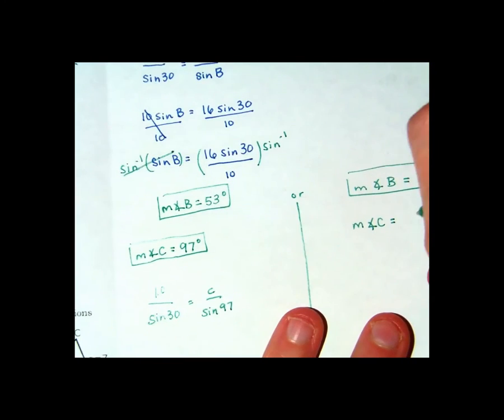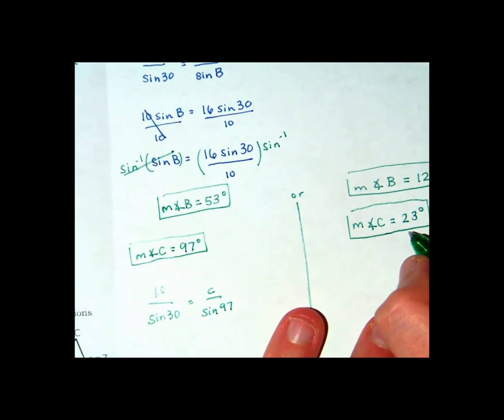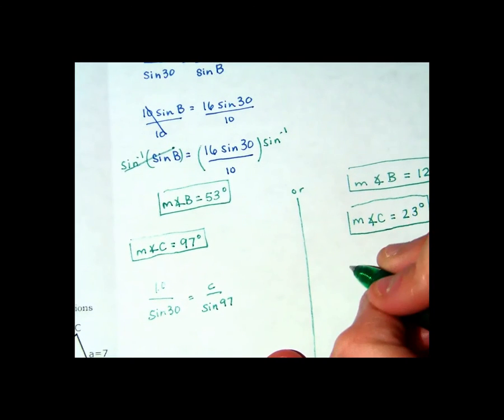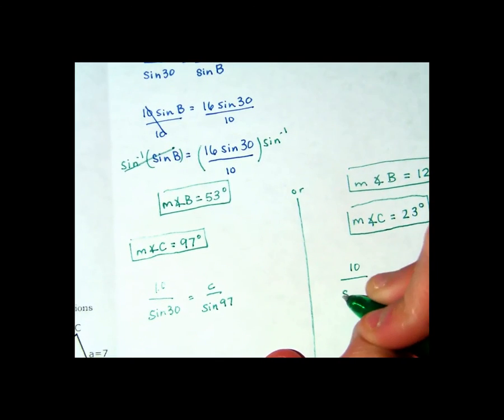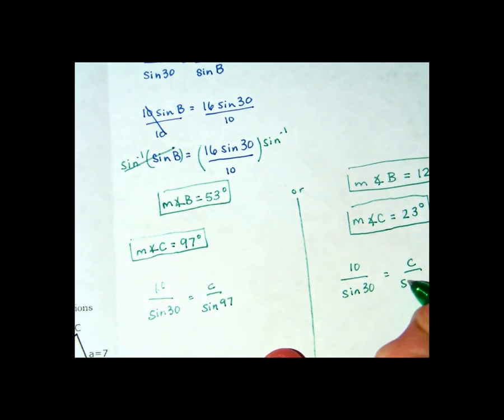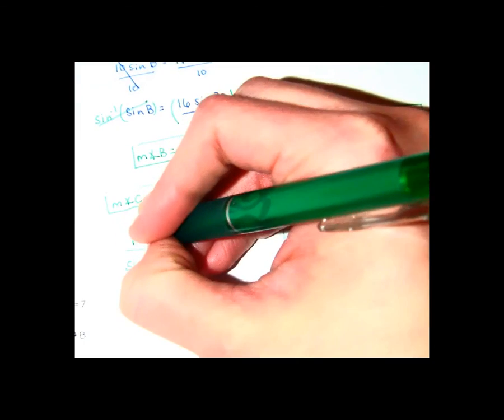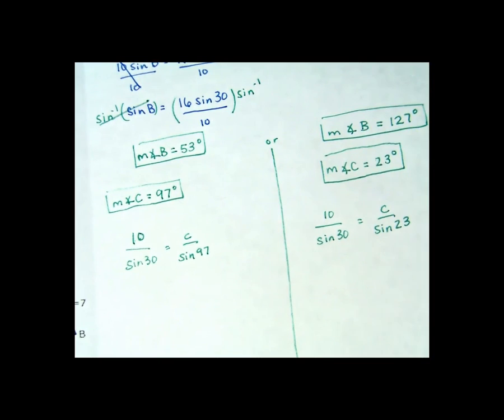It's what? 23. So how would you find side length C if measure of angle C is 23? Yeah, the only difference is sine of 23. I want you to finish solving both of those. It is like doing two problems in one if it just so happens that the second B makes sense.